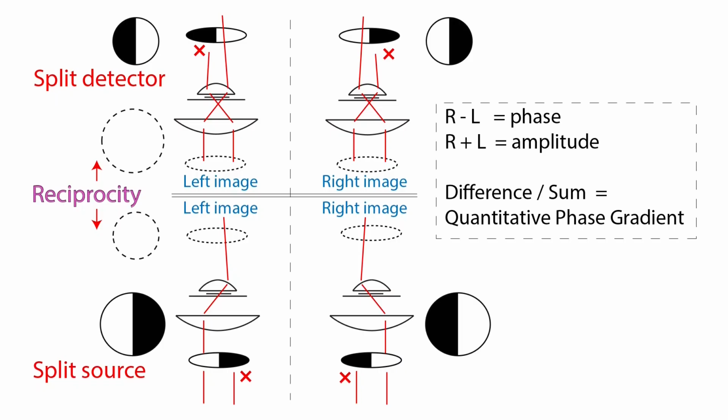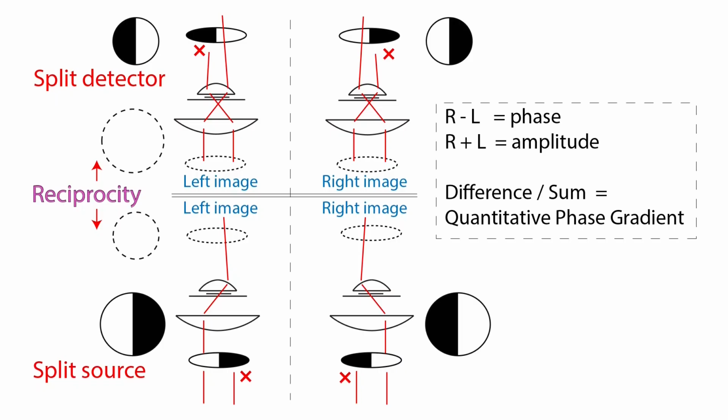Here are some examples that involve alternating left and right half masks, either as Fourier masks or as condenser masks. If the so-called left image is subtracted from the right image, amplitude detail is suppressed to give qualitative phase contrast.